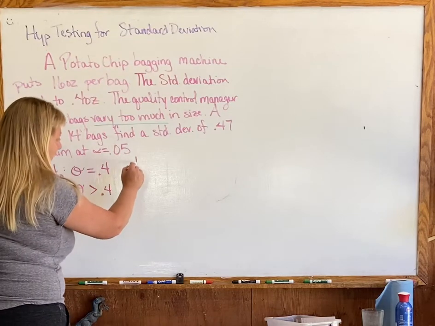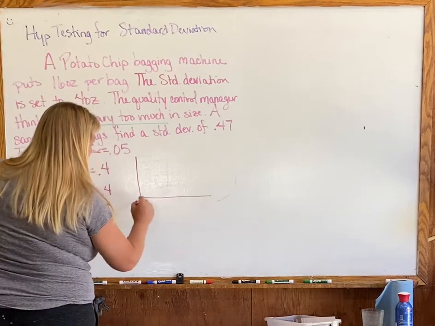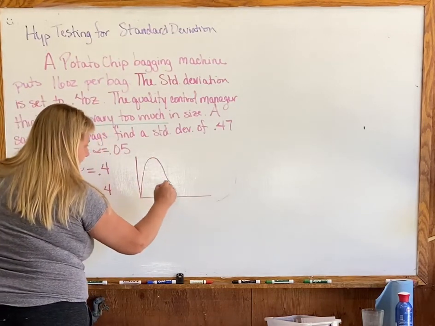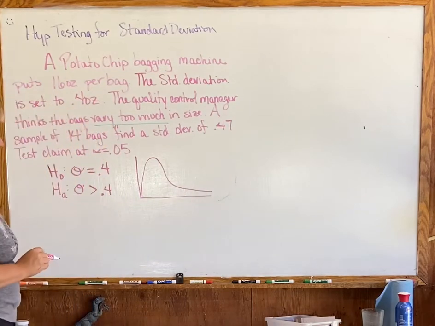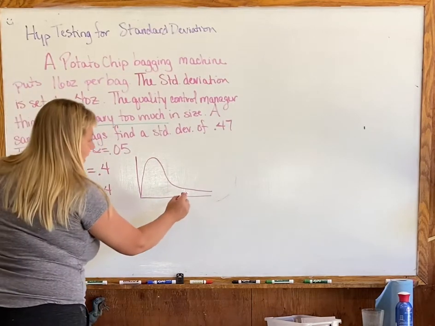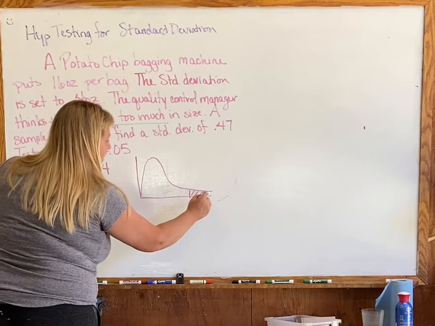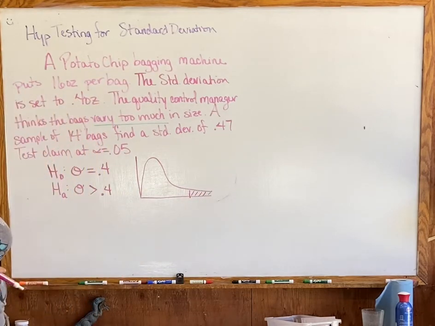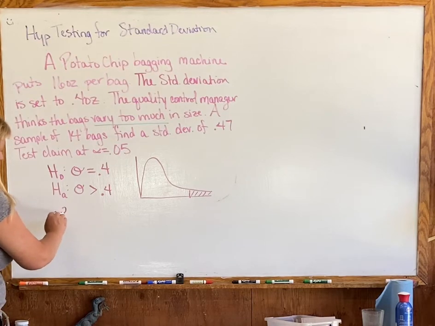Now remember that the graph that goes along with this one looks like this. Chi-square looks like that. And a greater than means that we're going to be looking at a tail that's out there like that. So we're going to use our new chi-square formula, and I'll write it down here again.